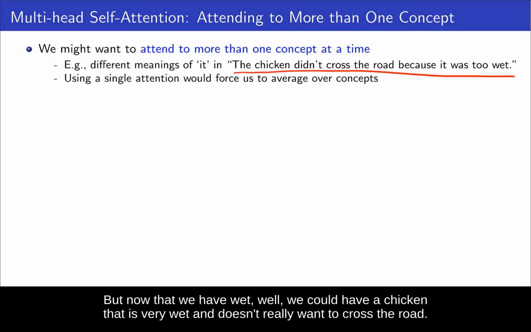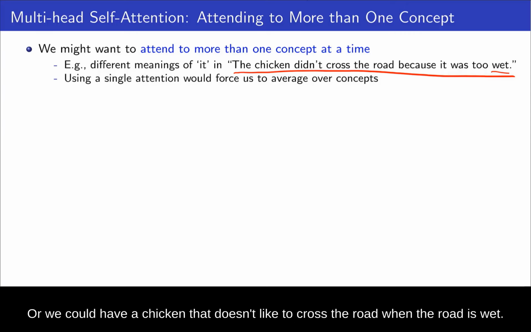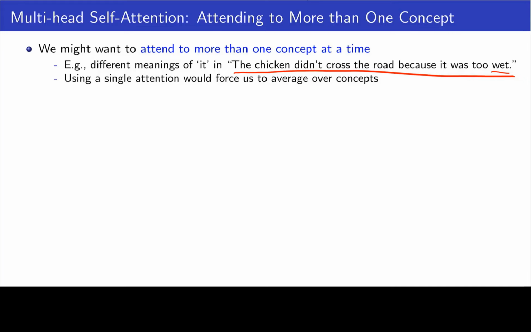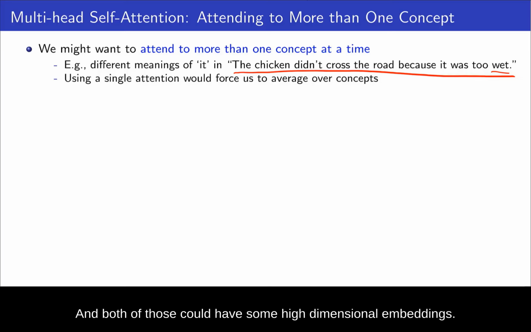But now that we have wet, well, we could have a chicken that is very wet and doesn't really want to cross a road, or we could have a chicken that doesn't like to cross the road when the road is wet. And these two sentences have very different meanings for the word it. In one case, it should be a chicken that is wet, and in one case, it's a road that is wet. And both of those could have some high-dimensional embeddings.